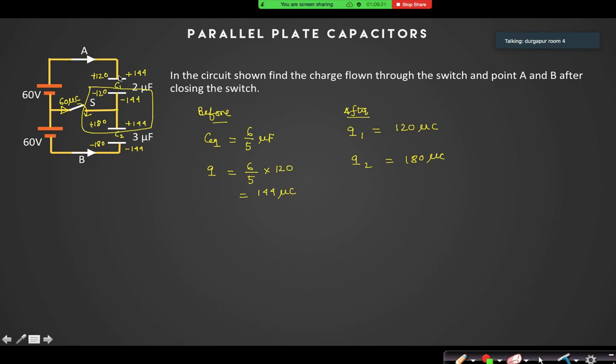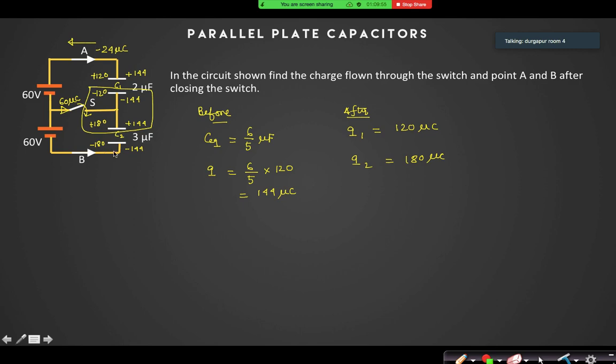Right? Initially this upper plate of C1 was carrying 144 and now it is 120. So definitely minus 24 microcoulomb charge has flown through A. Basically the 24 charge has flown in the opposite direction, but as I have shown the direction on this right side, my answer should be minus 24 microcoulomb charge will flow through A in order to make it from 144 to 120.